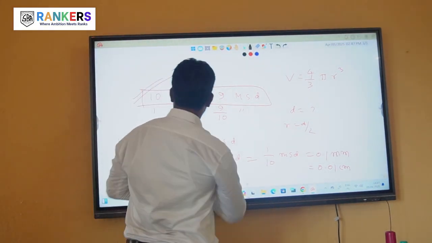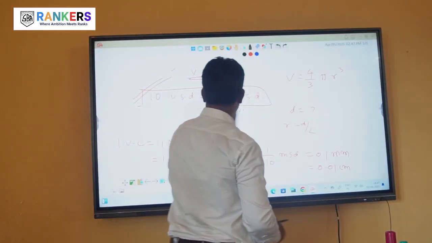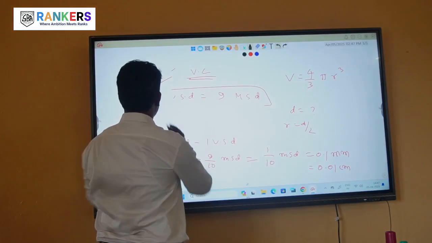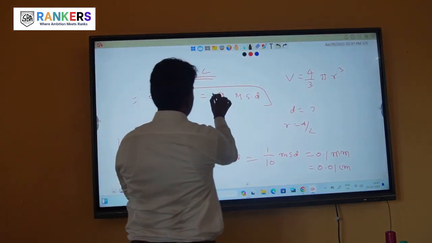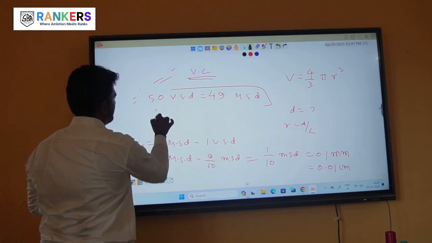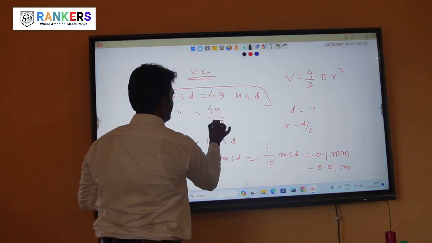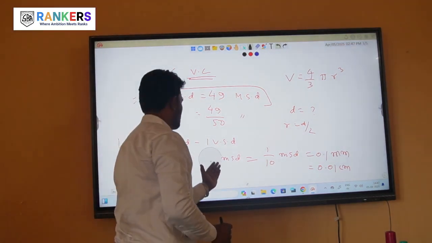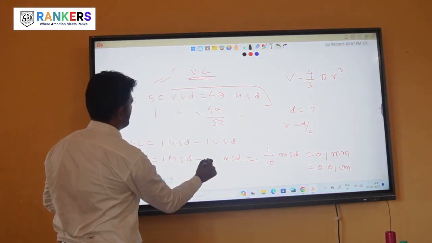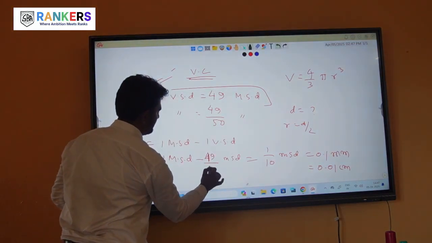Wait. This is 49. Then 1 VSD equals 49 by 50 MSD. Then here it will be changed. 1 minus 49 divided by 50.